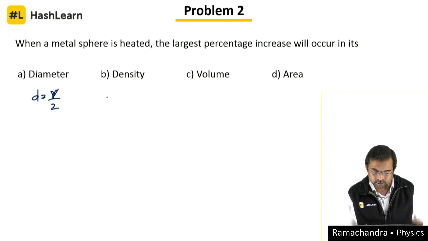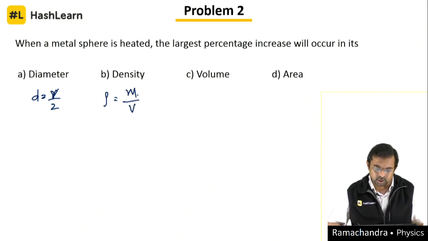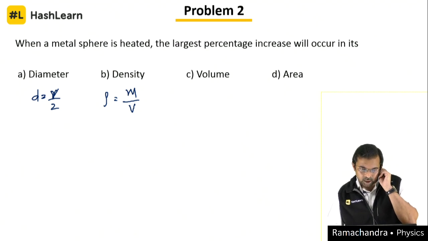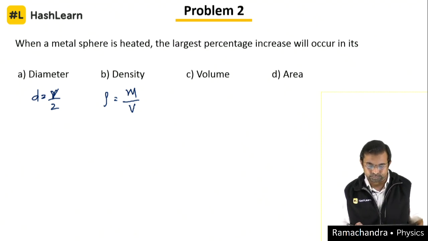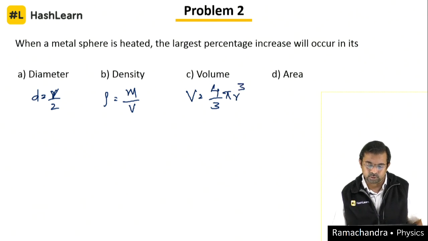Density is given by mass divided by volume. With the increase in temperature, mass is not going to change. Volume is given by 4 by 3 pi r cube, and area is given by pi r square.